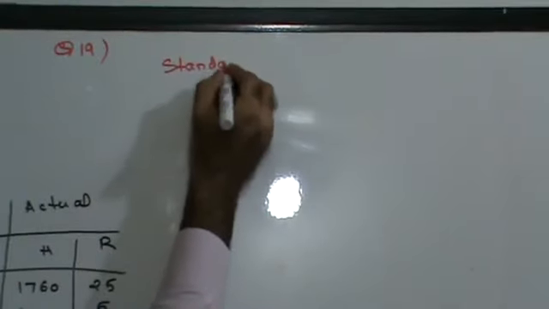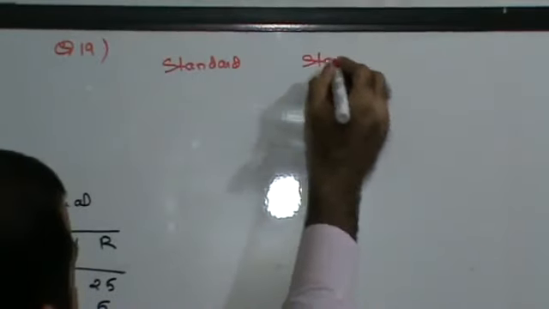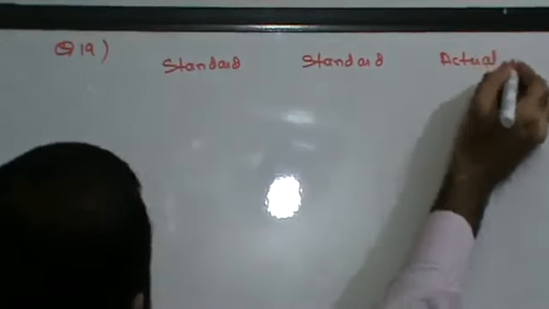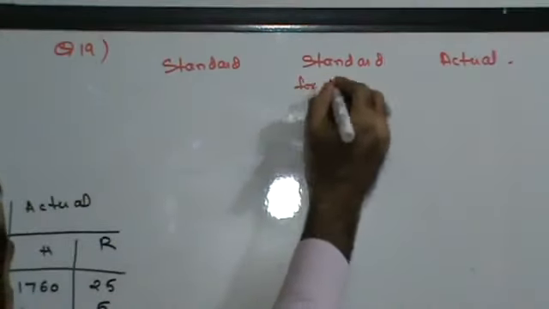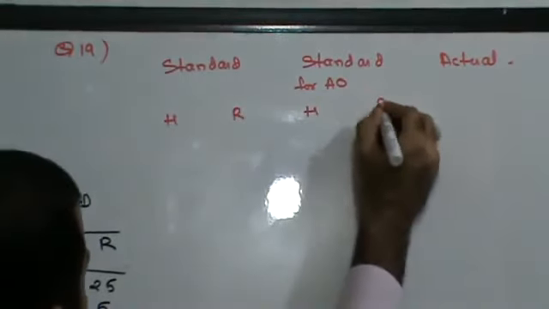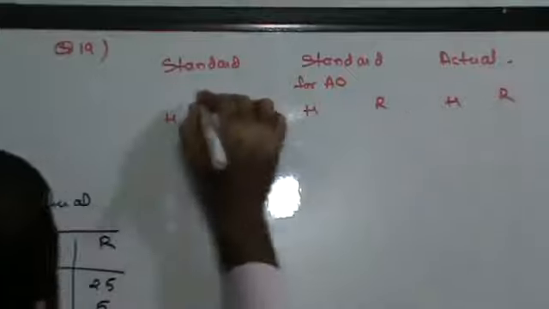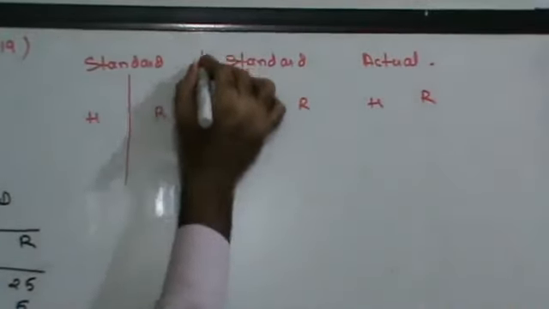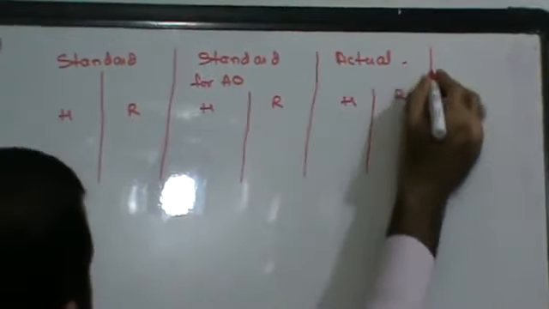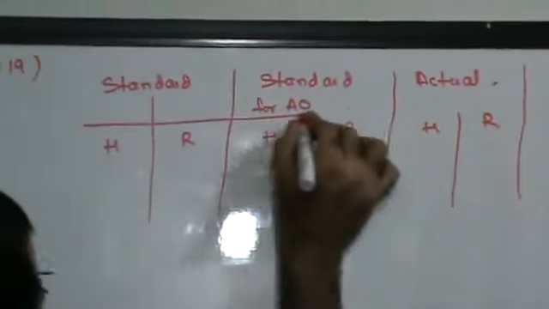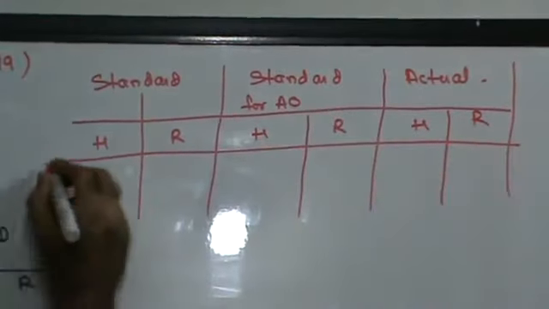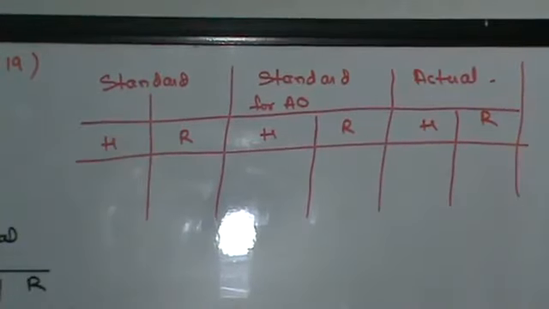Standard, actual. I'm doing only the labor part first for actual output. Hours, rate, hours, rate, hours, rate. I'm calculating for labor first, right?